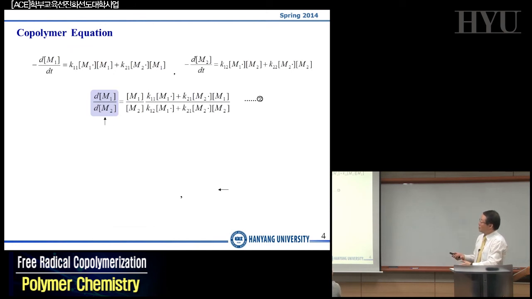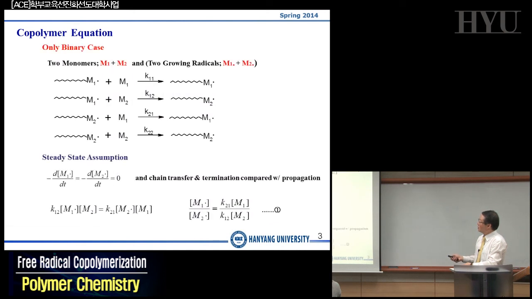And also we can derive that the rate of disappearance of M1 and the rate of disappearance of M2 can be expressed by the equations. The rate of disappearance of M1 is determined only by the first equation and the third equation.